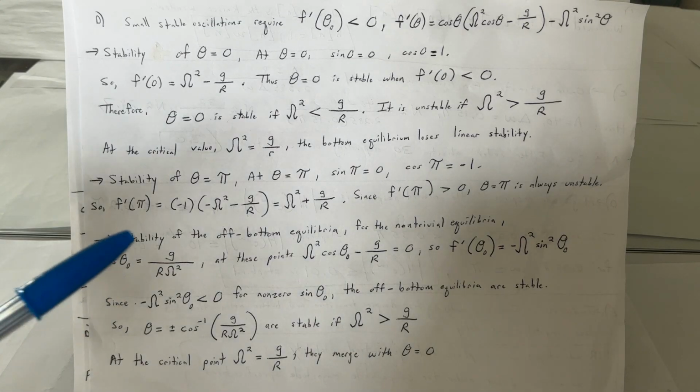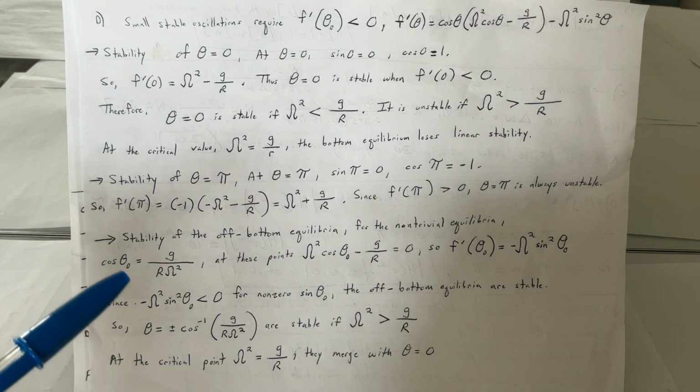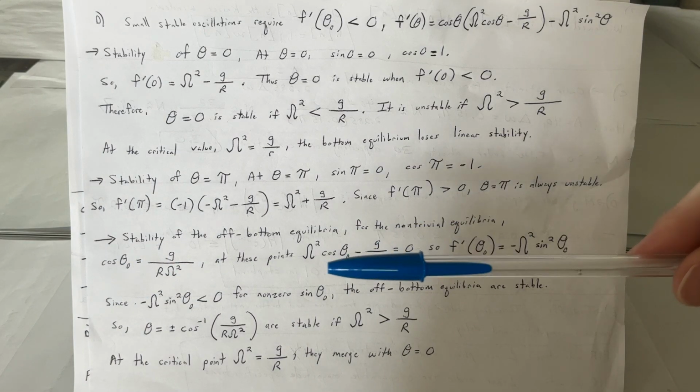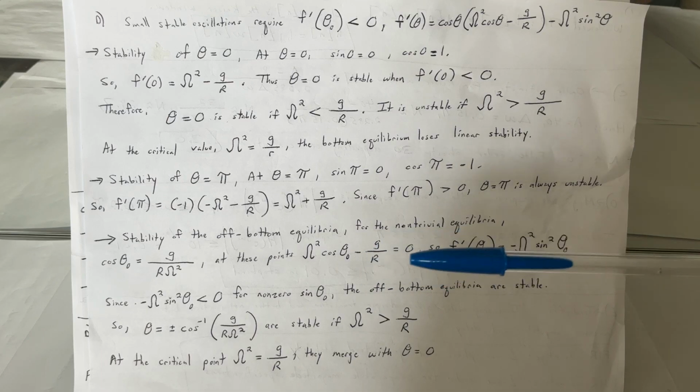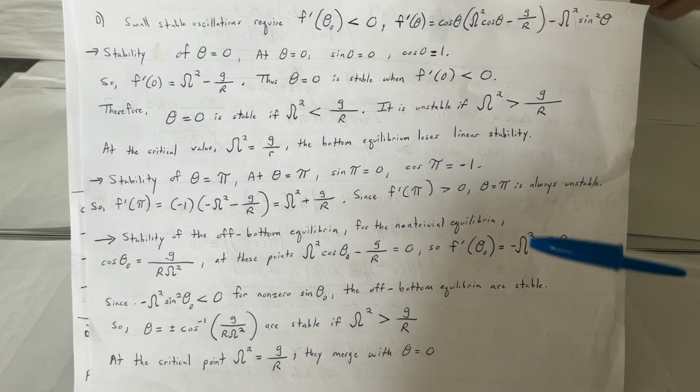Now the stability of the off-bottom equilibria. For the non-trivial equilibria, cosine theta naught equals g over r omega squared. At these points, omega squared cosine theta naught minus g over r equals 0. So f prime of theta naught equals negative omega squared sine squared theta naught.